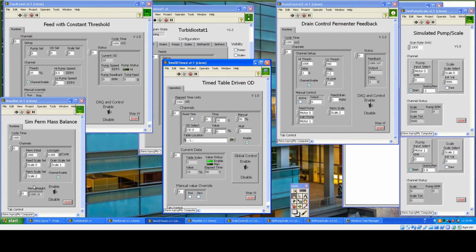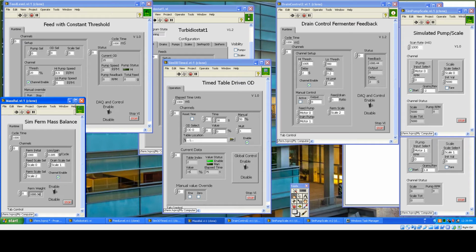One of the things we're seeing here is the fermenter weight is creeping up due to this loss gain. Basically, it's going up by 0.005 grams per second. We're seeing that show up in the feedback over here with our drain control, which is showing us we're using our fermenter scale as the primary feedback.